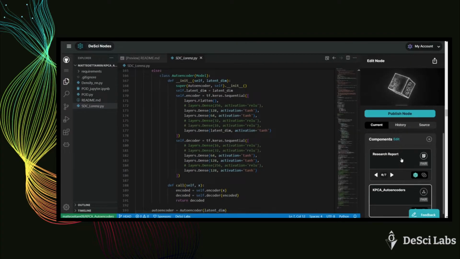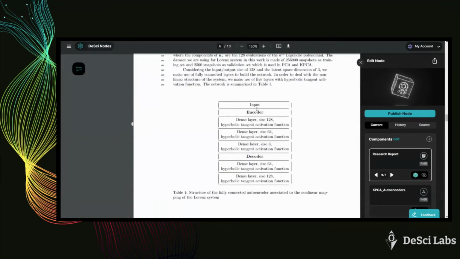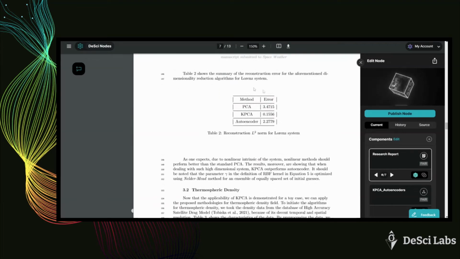Here is the result of the network for that encoder for the Lorenz system, and we performed the same analysis of PCA and KPCA as I discussed before. Here we have the result for the L2 norm of the reconstruction. We compare the input and output for the different methods. You can see that KPCA is better than these two.